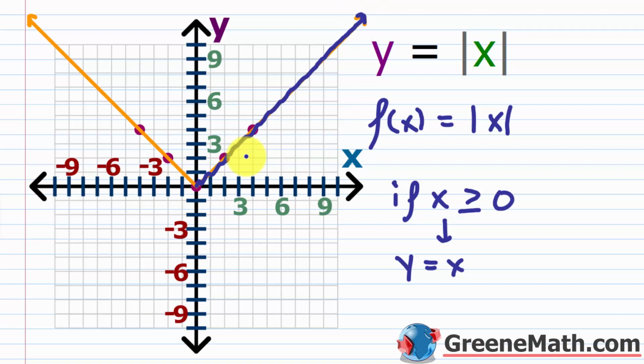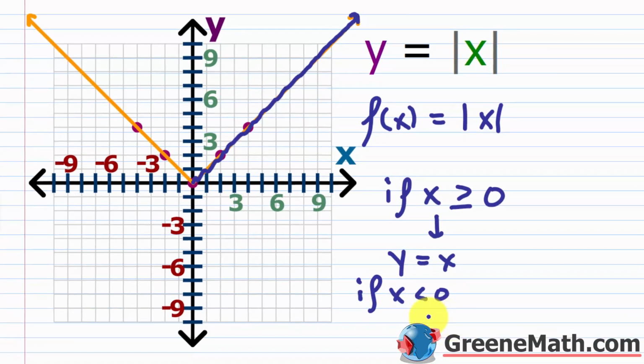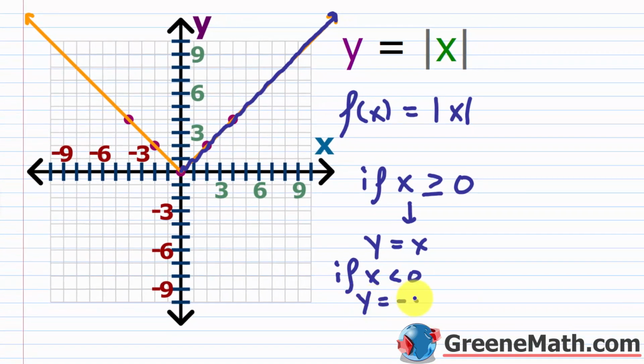But what happens is if x is less than 0, then y really equals negative x. So instead of this guy continuing on this path down here, it gets flipped up because of the absolute value operation. So it takes the negative that you're plugging in here for x, and it flips it and makes it positive.